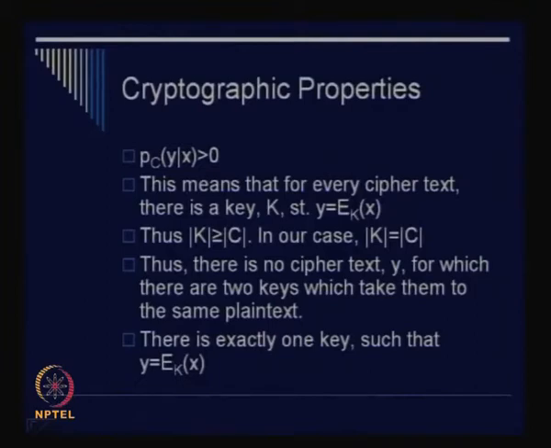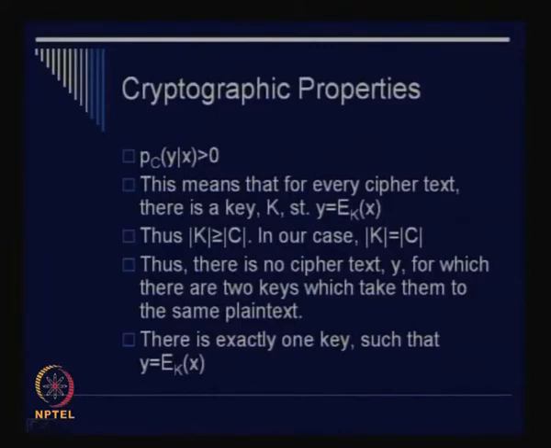And the third important thing which we see is that if the sizes of the plaintext, key and ciphertext sets are the same, then for every plaintext x and every ciphertext y, for any ordered pair like this, there is a unique key which defines this mapping.